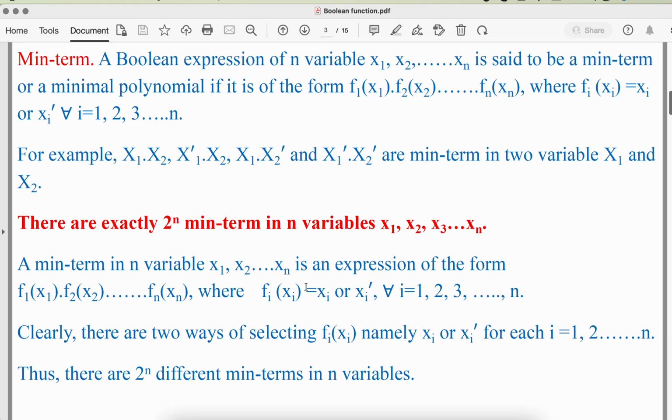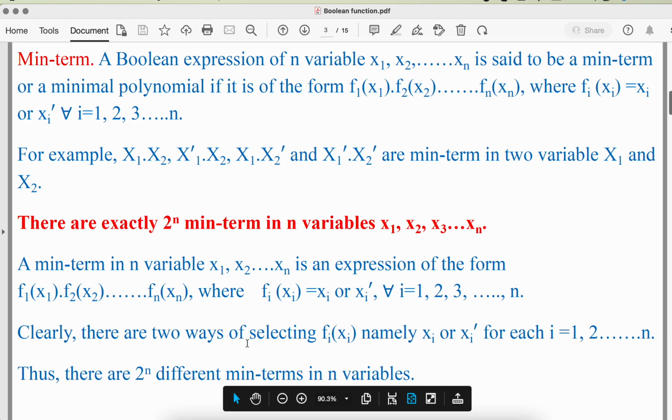So we can select fi(xi) in two ways, for each i. So in general, we can say that there are 2 raised to n different min terms in n variables. So this is the statement and this is the proof of this theorem.